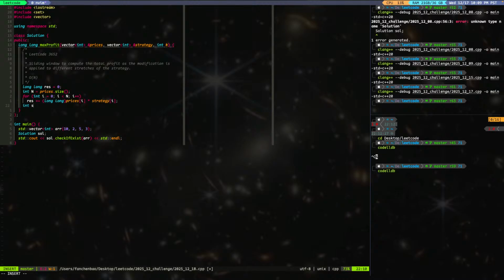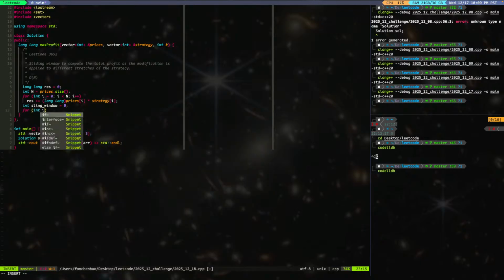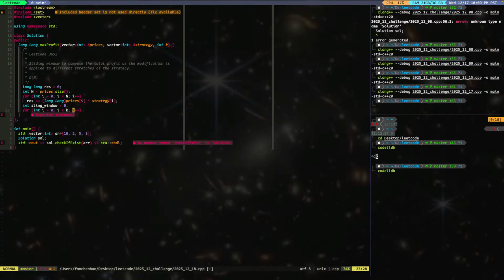So, sliding window is 0, and then remaining is 0. Yeah, we'll do them separately. So for int i = 0; i < k; i++. In fact, because it's going to be k minus 2.